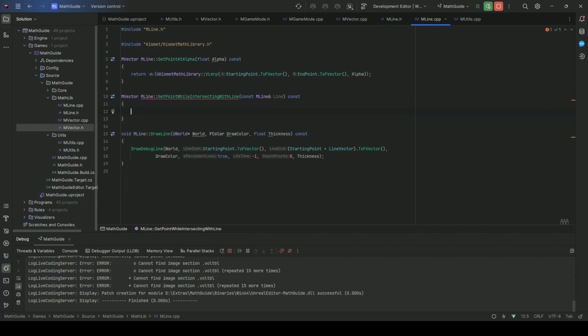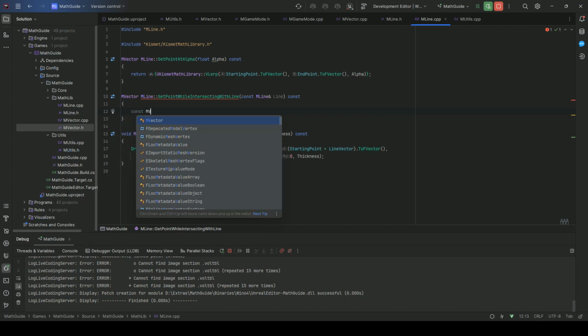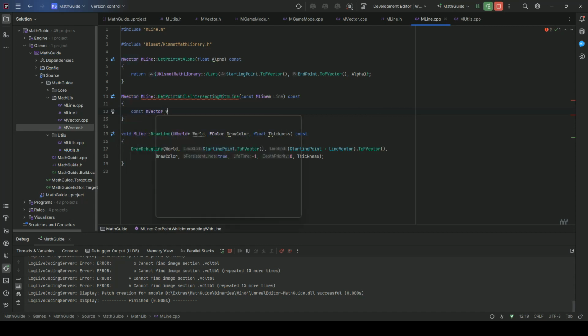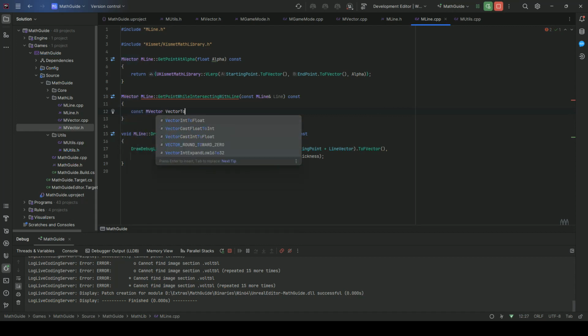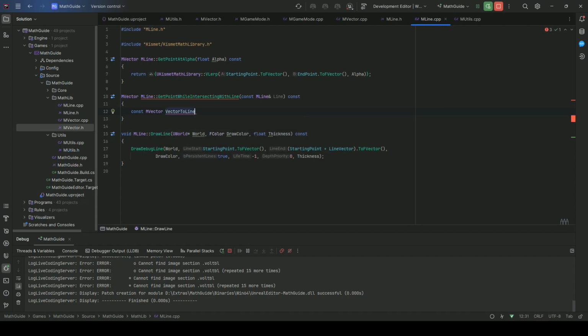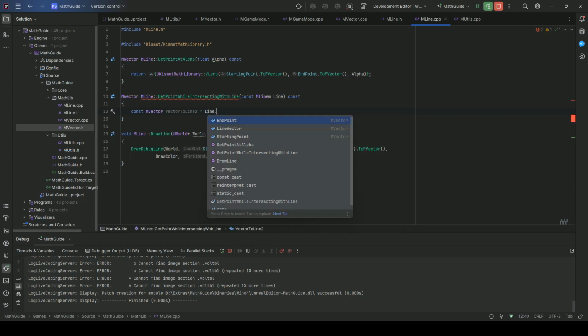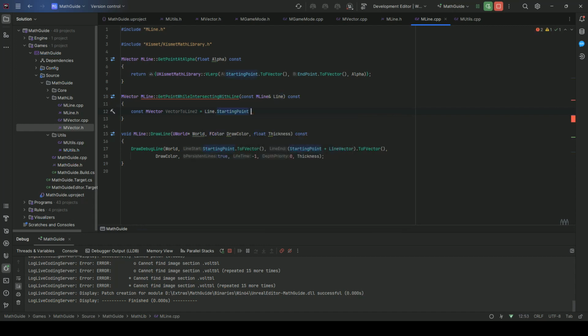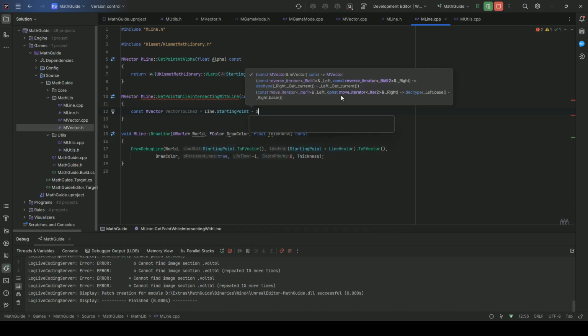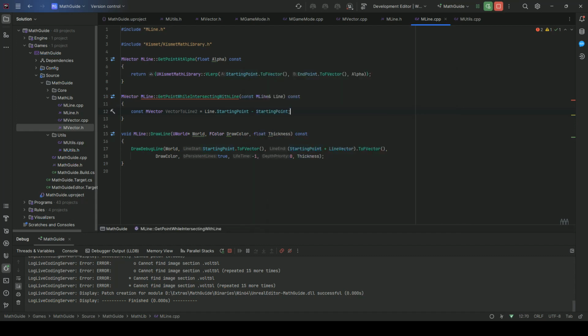So first we need a vector like b minus a. So for that, const vector vector to line 2, because it was b minus a, right? So it will be line dot starting point minus starting point of our vector.